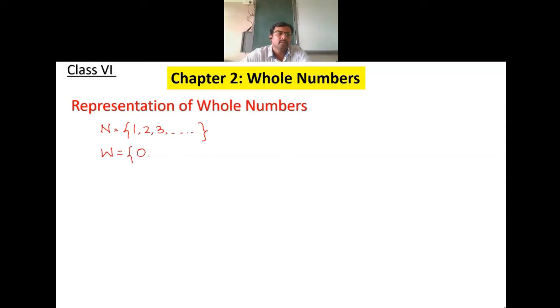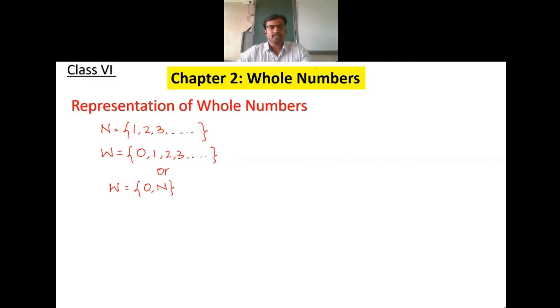It will start from 0, 1, 2, 3, and so on. Or I can also represent the set of whole numbers as 0 along with the set of natural numbers. Hope this is clear to you.